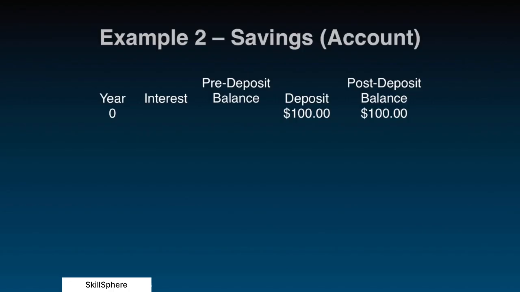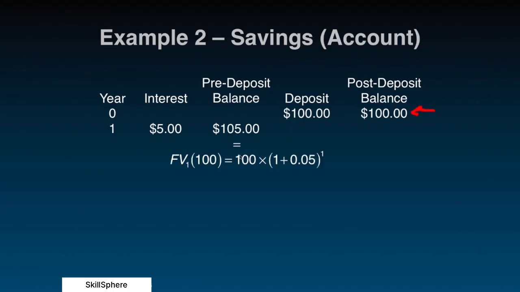So what's going on behind the scenes? Well, we're going to deposit $100 today. That's going to earn 5% interest and give us an additional $5 at the end of year 1. So our pre-deposit balance, that's before our next deposit, is just $105, which, by the way, is also equal to the future value 1 period hence of the $100.